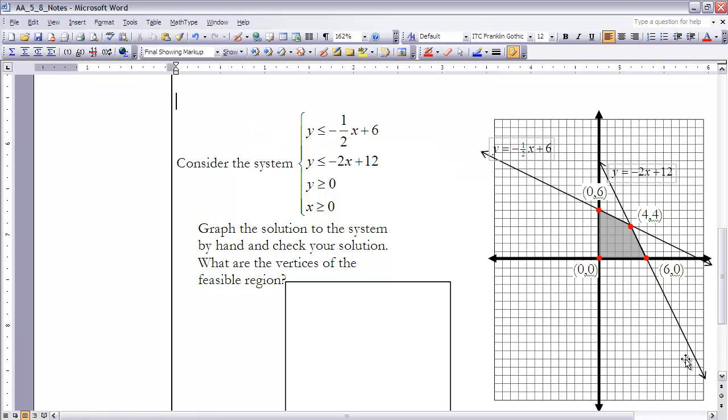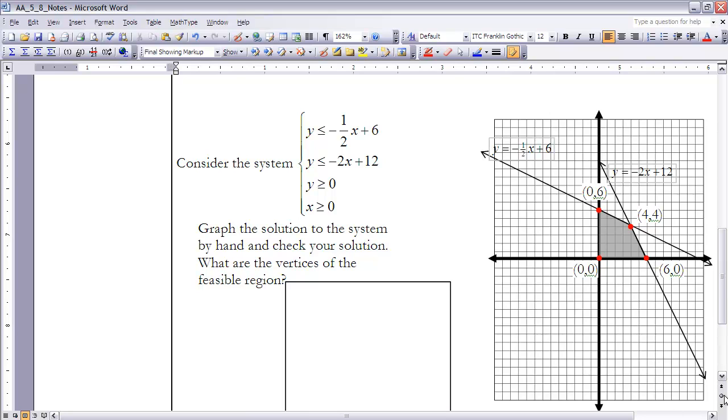The next thing that I'm going to do is think about what the area would be that I'm shading. Well, I know that if it's less than or equal to for both of these first two inequalities, it's got to be underneath both of those lines. And then if I look at y is greater than or equal to 0 and x is greater than or equal to 0, I know it's got to be above and to the right of those two lines.